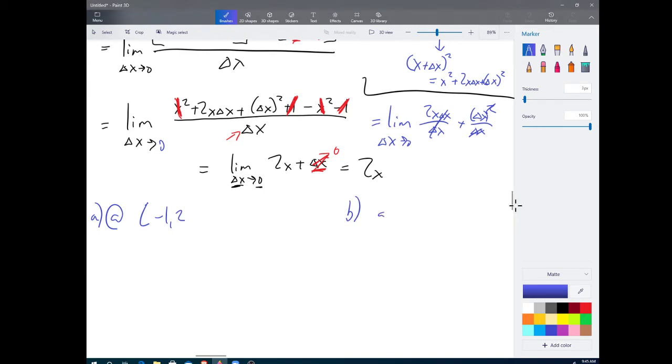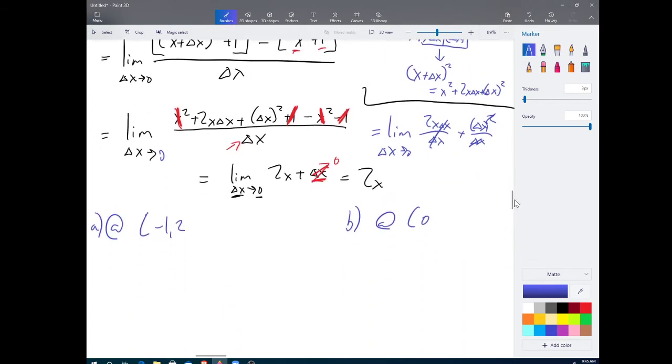And for b, was that 0, I think, comma 1? The slope of your tangent line would equal 2 times the x value. And for each of those, you can simplify. And I can double check that.